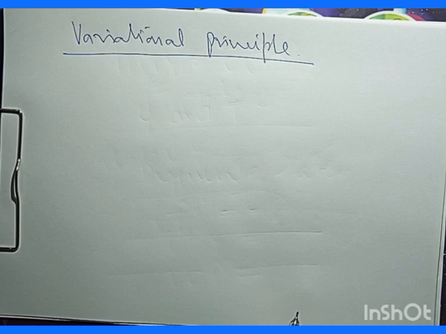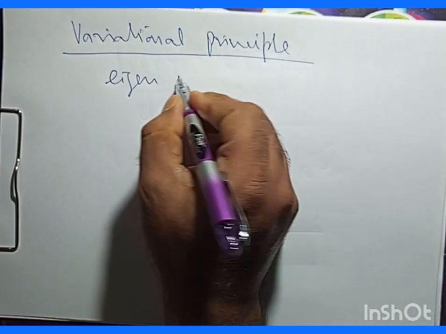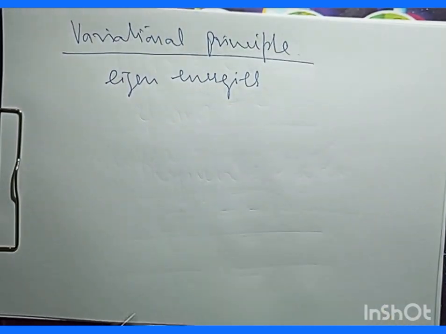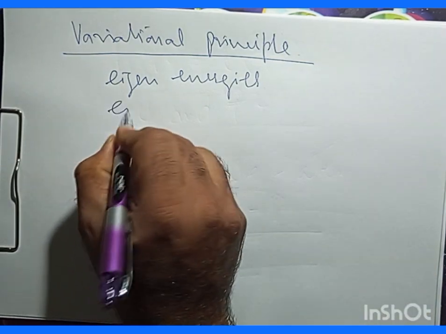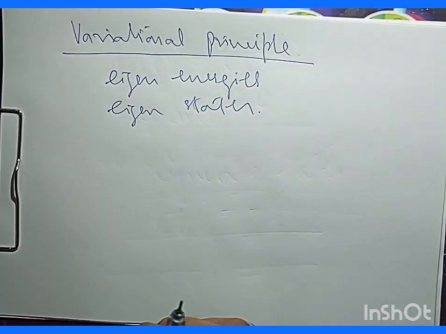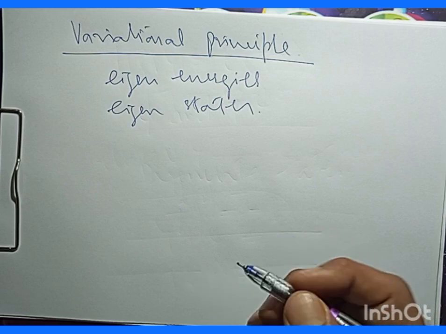This variational principle is basically a method that's useful for determining the eigenenergies or eigenvalues and the eigenstates. So this variational principle can be utilized for determining these eigenvalues and eigenstates of a system whose Hamiltonian is known.